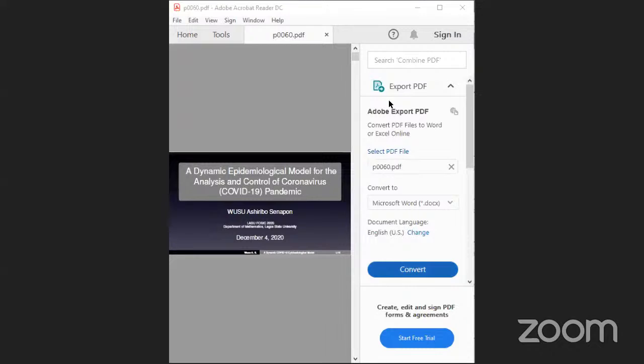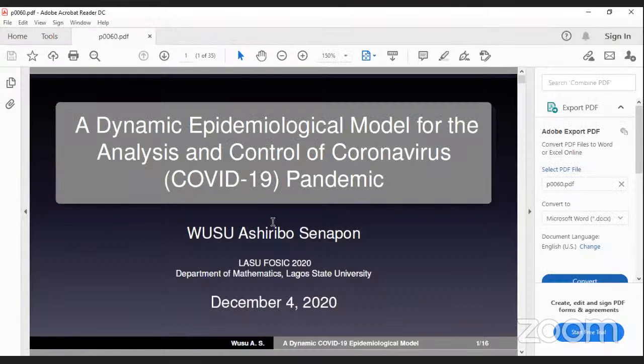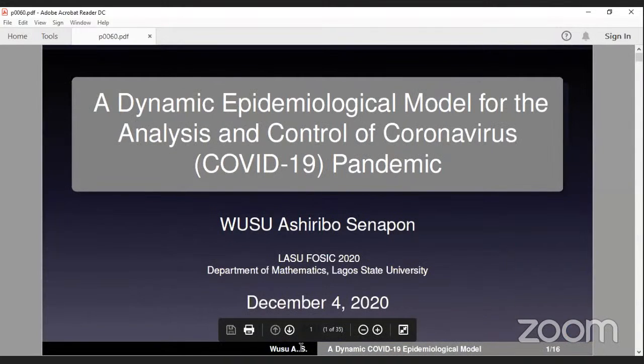I'm trying to look for the file now. Okay, I think I've seen it. Thank you. A few minutes. I want to expand this. Can you see my screen? Yes, we can see it. Go ahead, Doctor. Is the screen visible? Yes, it's visible. Oh, thank you.